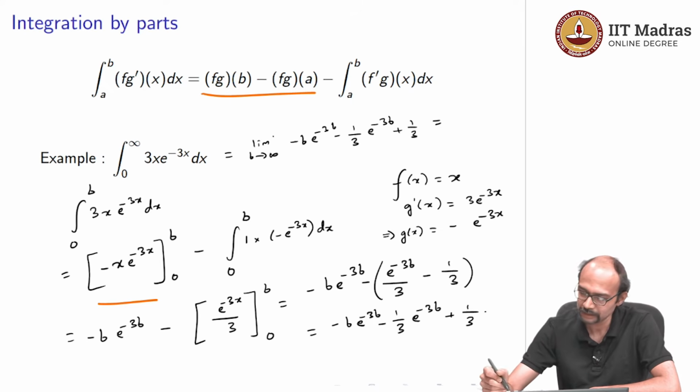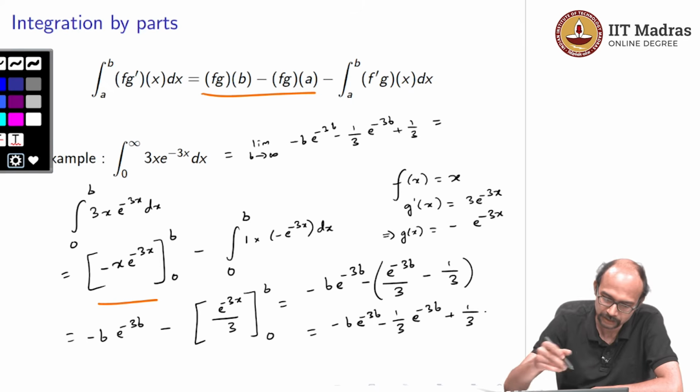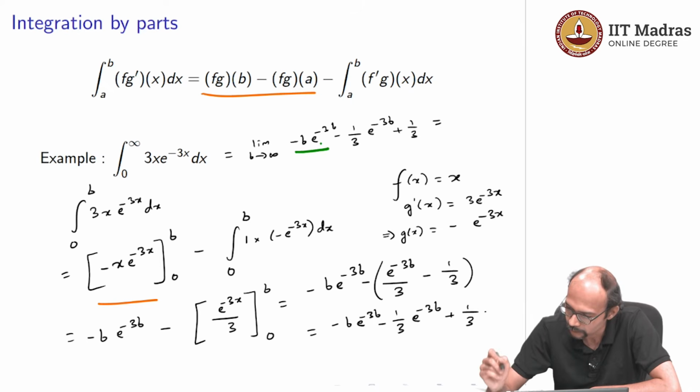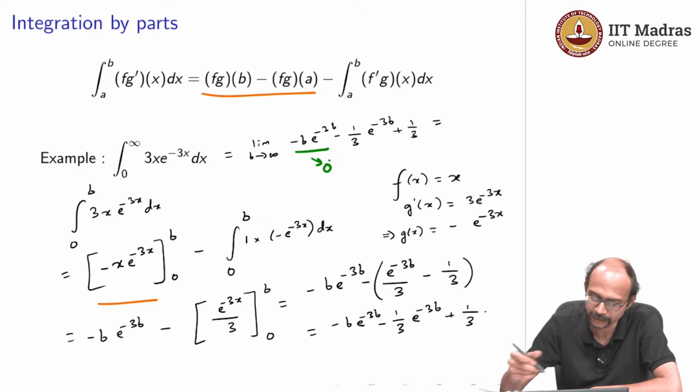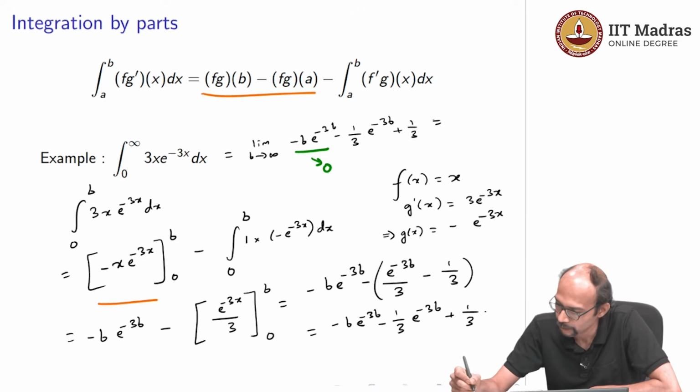So, in other words, this function here is also going to go to 0. So, that is something that we have to know. So, this tends to 0. Why? Because the exponential beats the polynomial. This is what you have to keep in mind. So, the first term goes to 0, the second term goes to 0, and so what we get is 1/3.